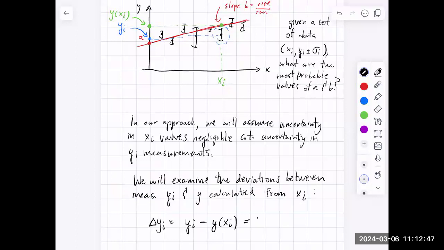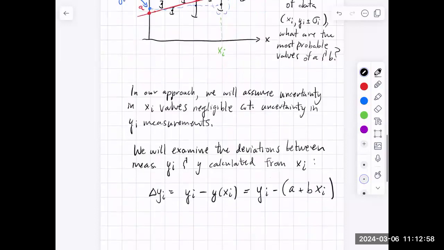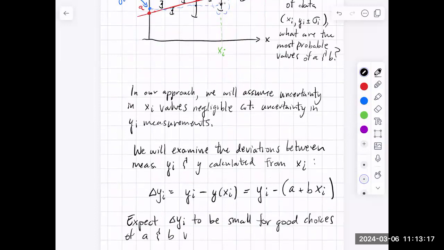So it'll be yi minus the intercept plus the slope times xi. Good. So we expect delta yi to be small for good choices of A and B values.